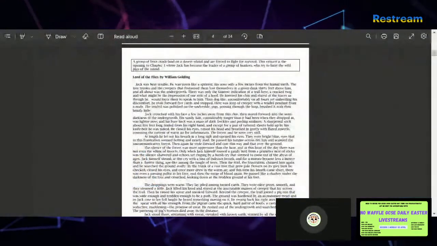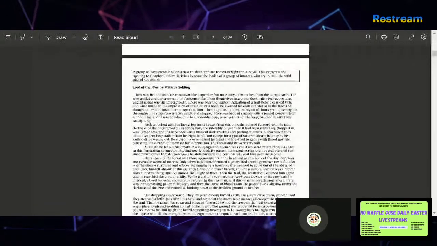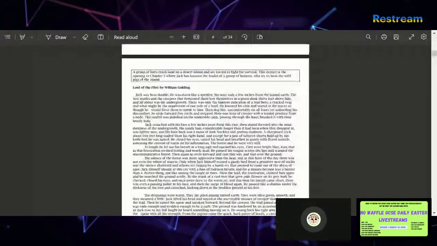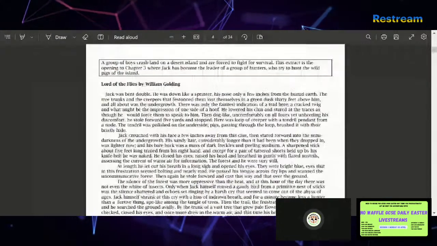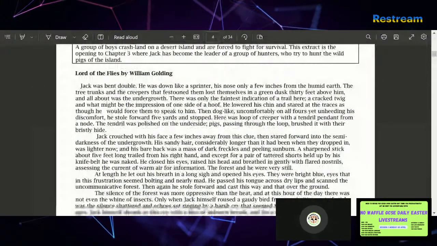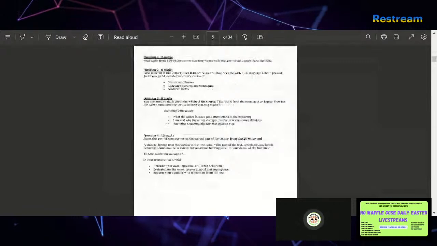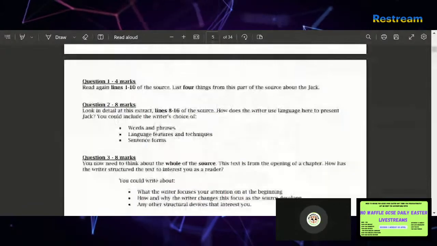So this is the question that we'll be looking at. This is the extract that we'll be looking at. And you won't find it in any past papers because this was made by a school. So we're given information at the top, then we're given the extract, which is 3 paragraphs long, and then we have the questions on this side. So first of all, as we said, the first thing you need to do is read the question.